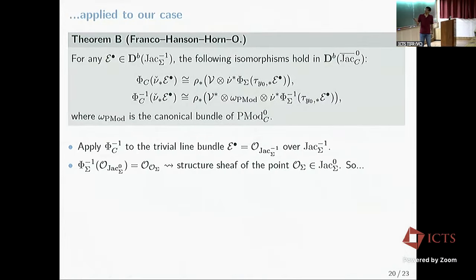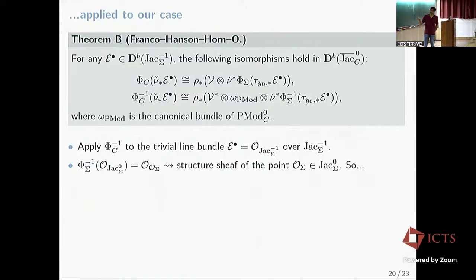Okay, so this is the same theorem. And what we're going to do is apply this inverse Fourier-Mukai by taking the trivial sheaf on the Jacobian of degree -1 of sigma, okay? So what do we do?